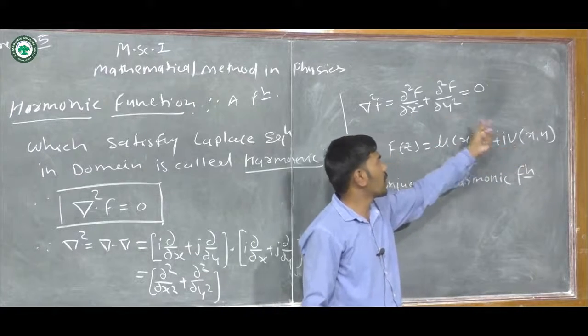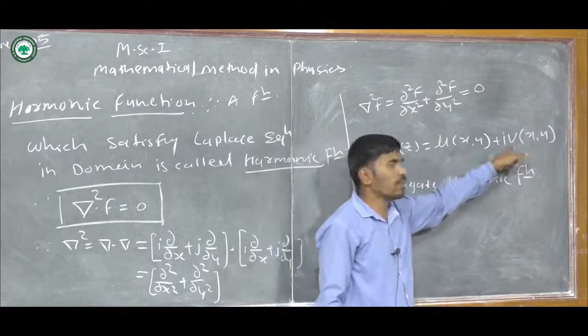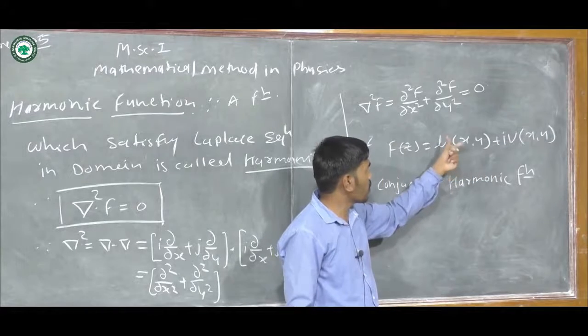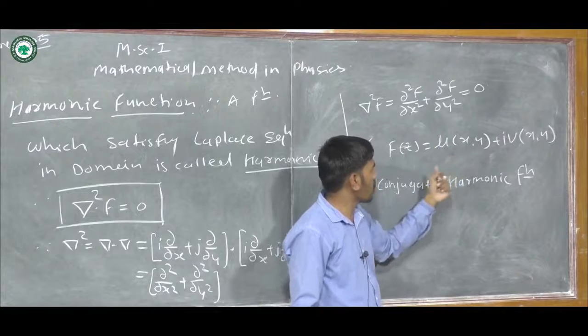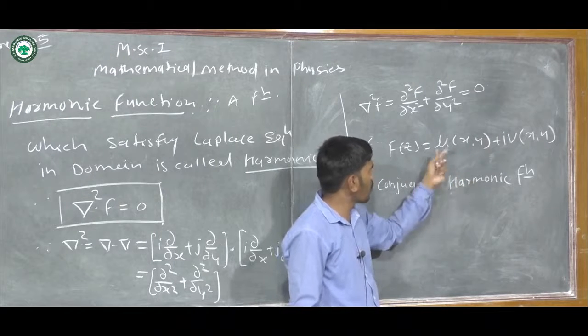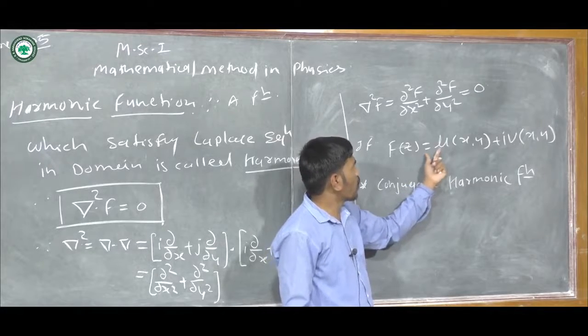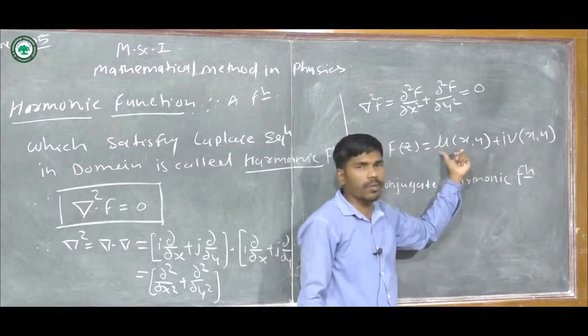If v satisfies the Laplace equation, then we call v a harmonic function. If u is harmonic, then its conjugate harmonic function is v, when it is harmonic.